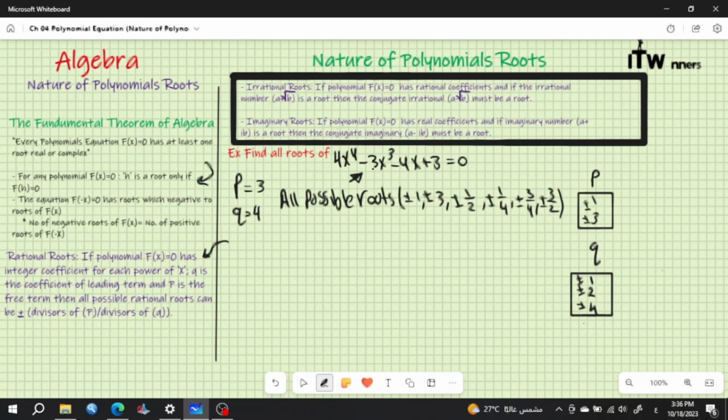If we substitute any negative number here, the result will be a positive number, so it won't ever be 0. Then we will start with 1.